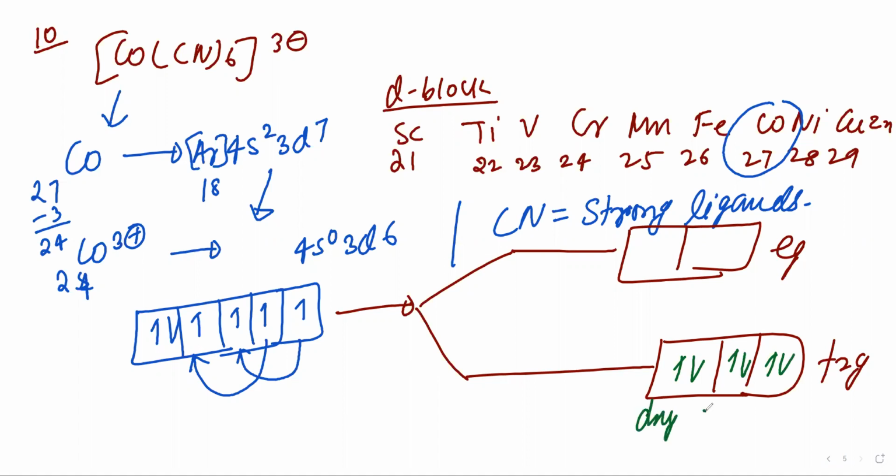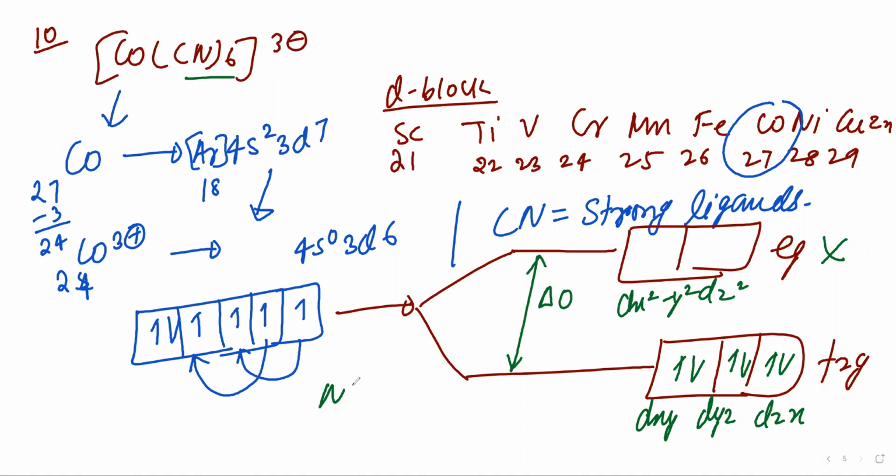The lower paired orbitals are dxy, dyz, dzx, and the upper part is dx2-y2 and dz2. The upper part has no electrons. This whole energy gap is called delta naught. Due to strong field ligands, no unpaired electrons are there, and the complex will be in the low spin configuration.